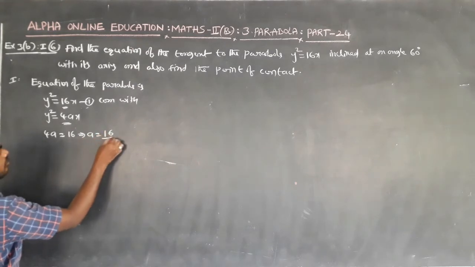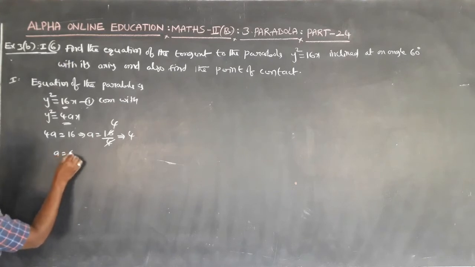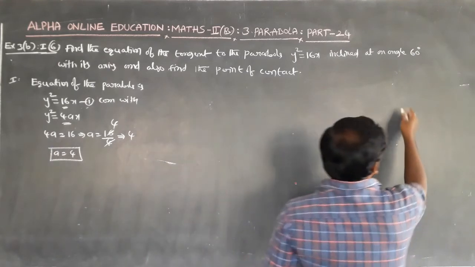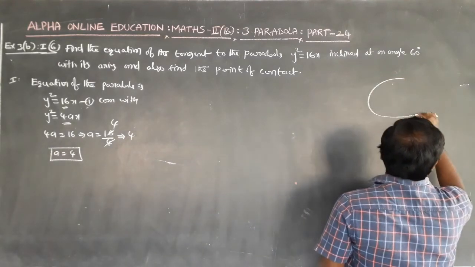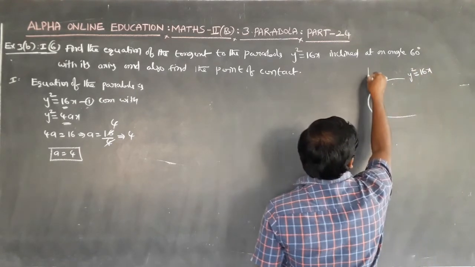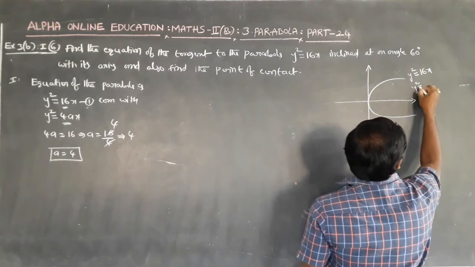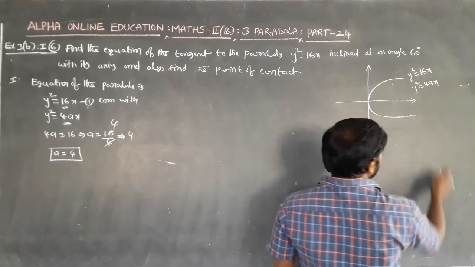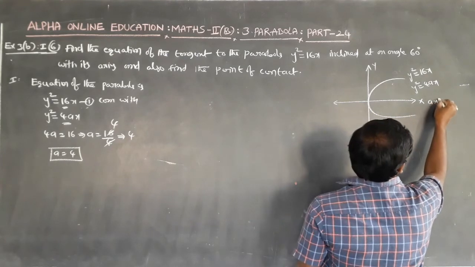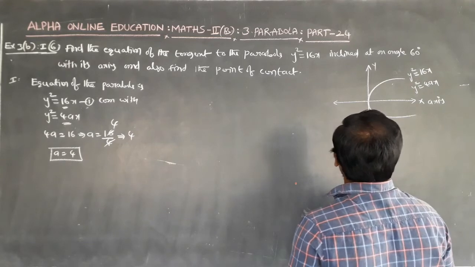So a is equal to 16 by 4, which is 4. This is the equation of the parabola y square equal to 16x, which is of the form y square is equal to 4ax. This is the x-axis, this is the y-axis, this is the axis of the parabola.